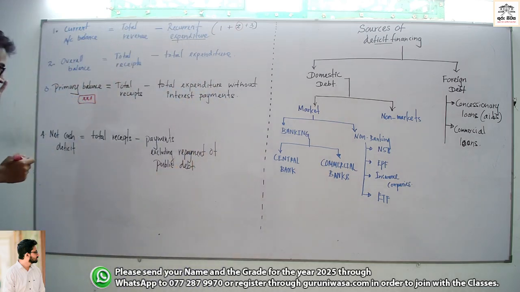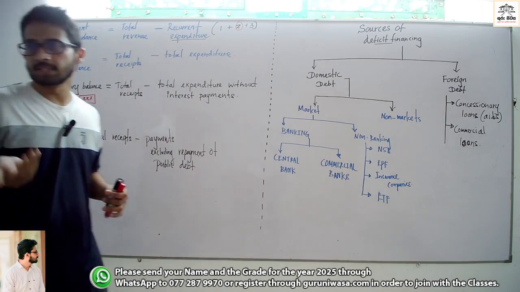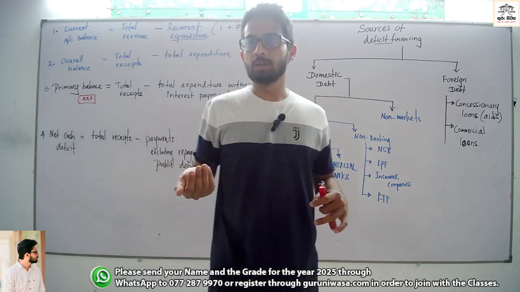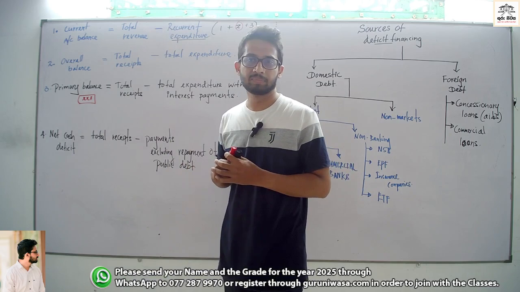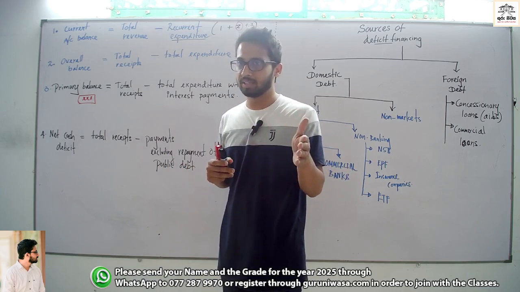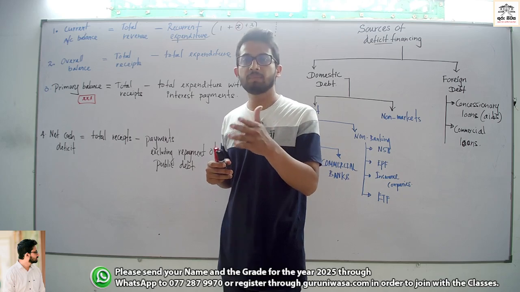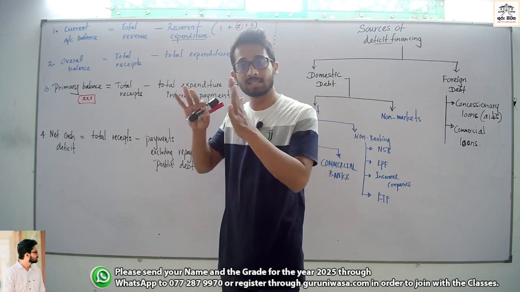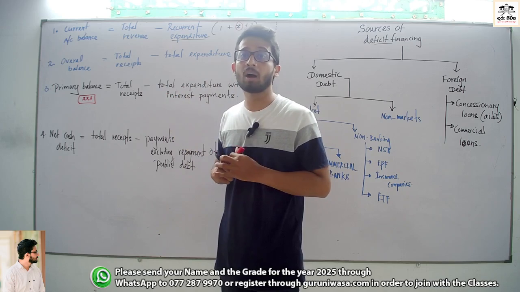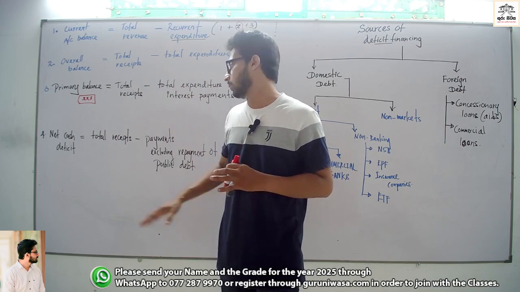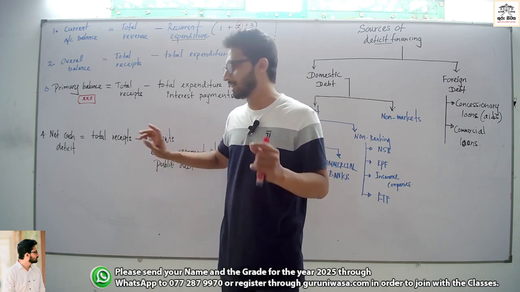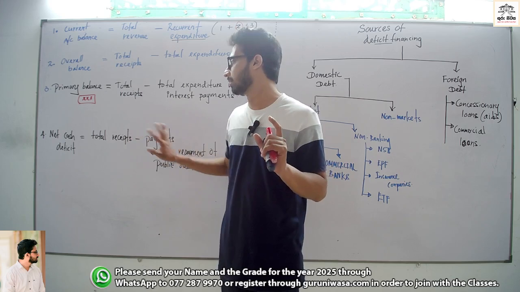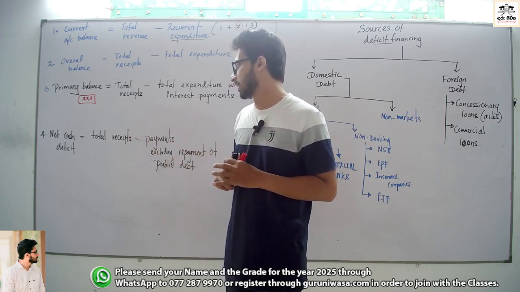Remember, net cash deficit is not an economic concept. So in your syllabus, I'm not going to discuss this part in detail, because that is a concept in public accounting. There's a separate subject called public accounting. But anyway, you should have a small idea about cash deficit.